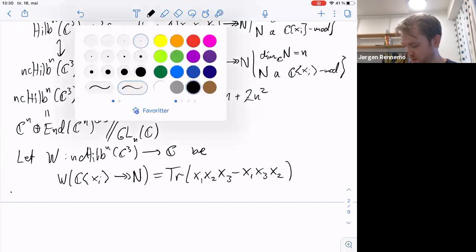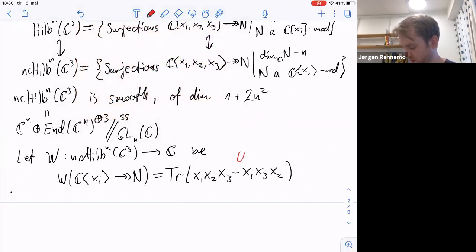This is an element in the endomorphisms of n, so I'm allowed to take the trace of that. It's acting on some vector space, and the trace is a complex number. So this is a well-defined function, at least on points, and you can write down the formulas for it.